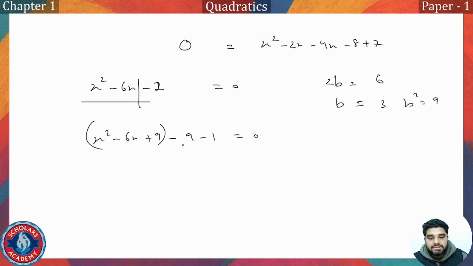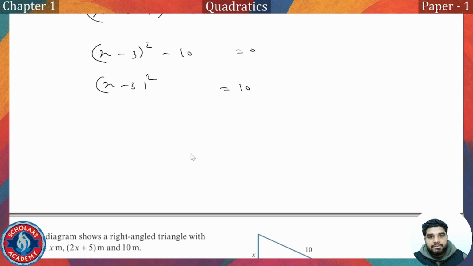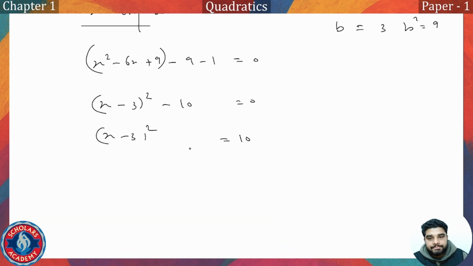So completing this, we get x minus 3 whole square minus 10 is equal to 0. So x minus 3 whole square is equal to 10. And from here we get x minus 3 is equal to plus minus root of 10. x is equal to 3 plus minus root of 10. So that's our final answer.